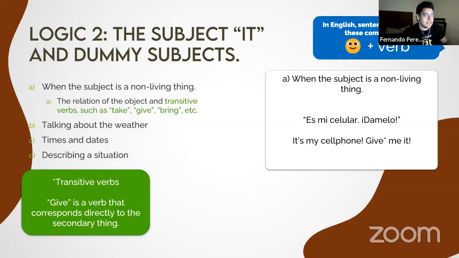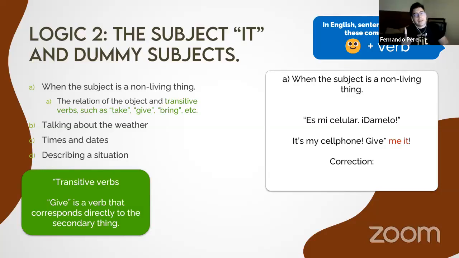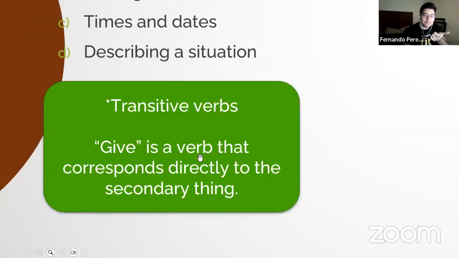So what would the correction be in this case? I only need the word me. For example, one more time, it's my cell phone. Give me. But again, this is exactly the point of this section. Give is the verb that corresponds directly to the thing.